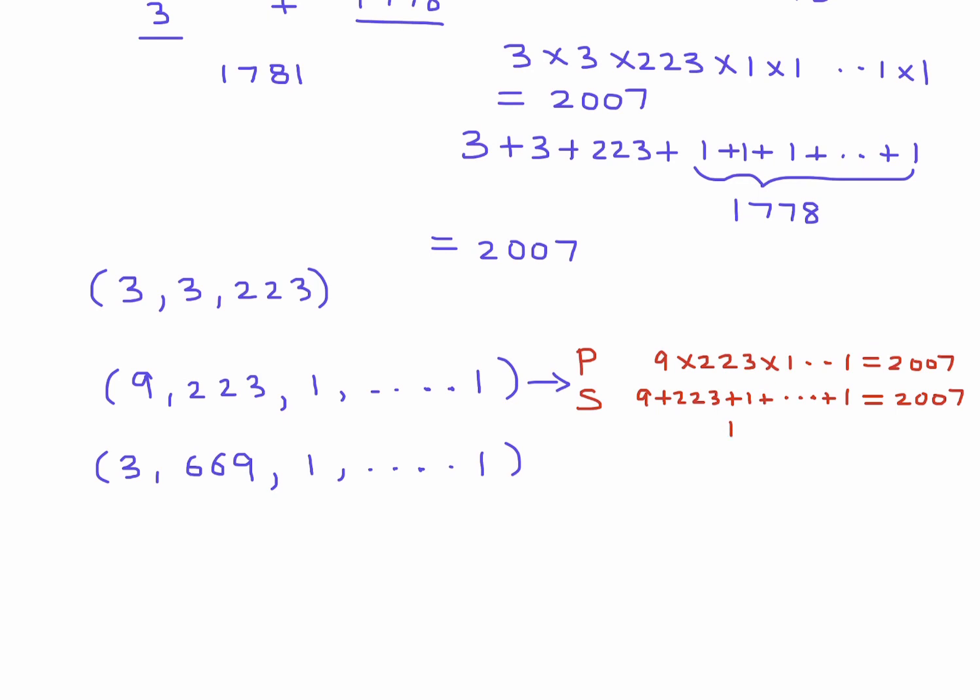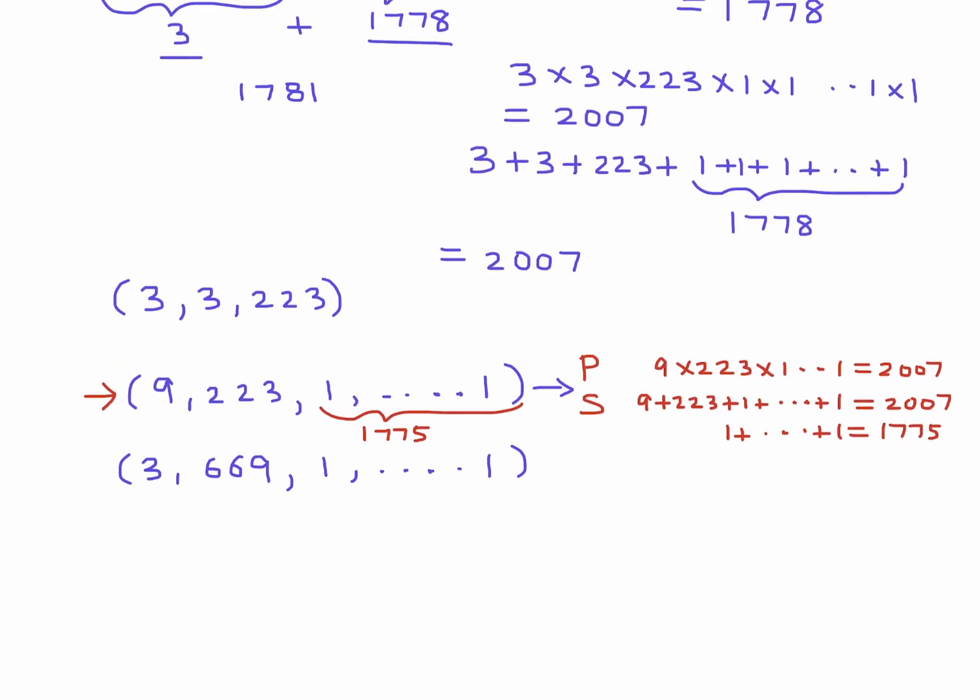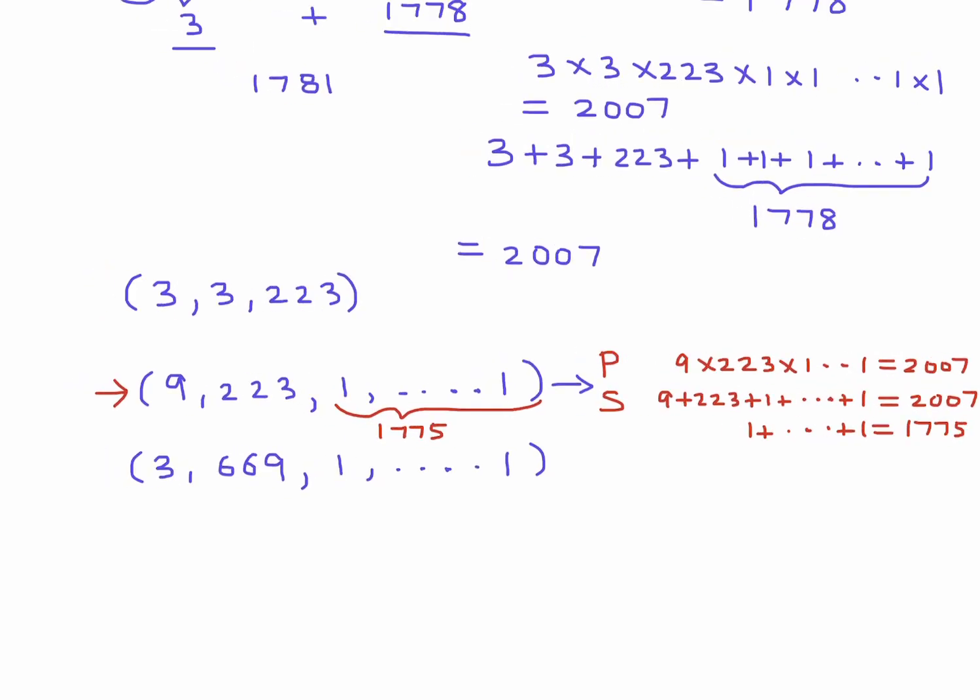Well, if just the ones are left, take 2007 and subtract the 223 and the 9, and you get 1775. So in this list, there's 1,775 ones. So the total number of elements in that list are 1,775 ones plus this 9 and this 223. So that brings my total up to 1,777.